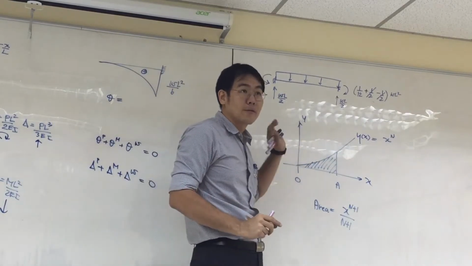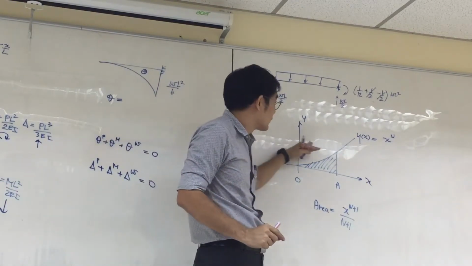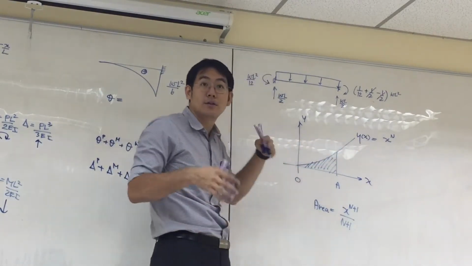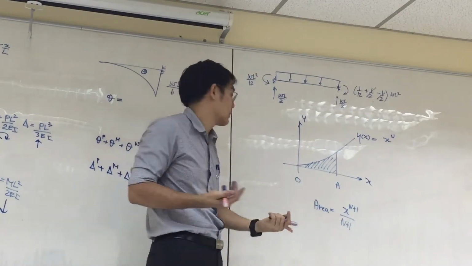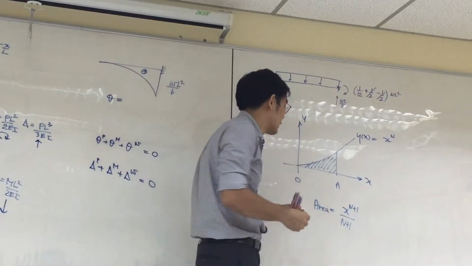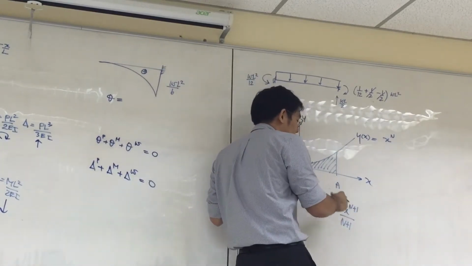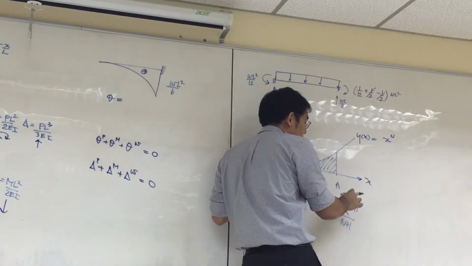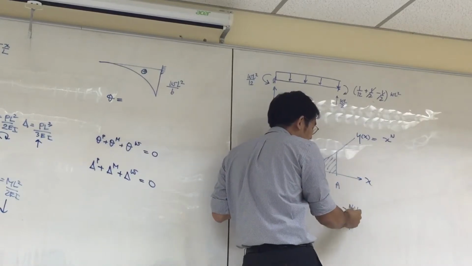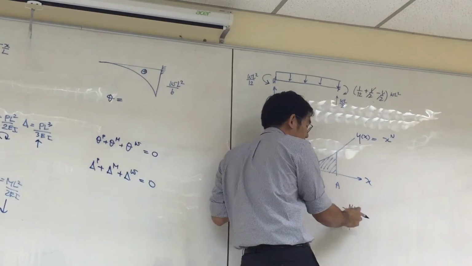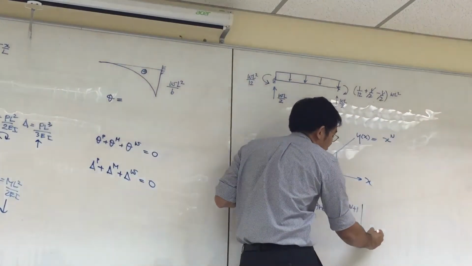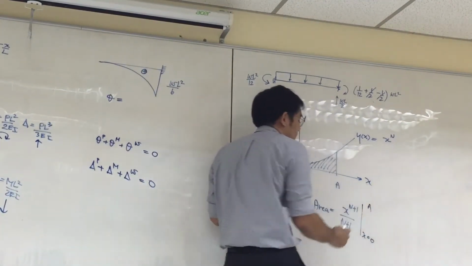So if you start from a constant, n equals 0. N equals 0. So for that constant, your area will be, with x from 0 to a, right?